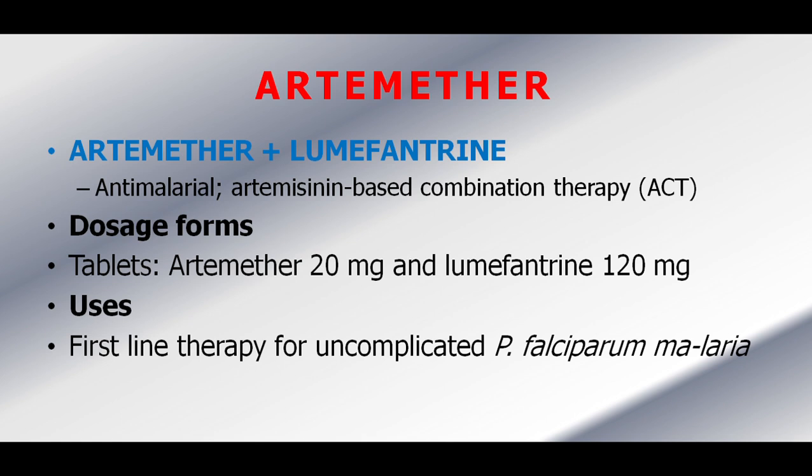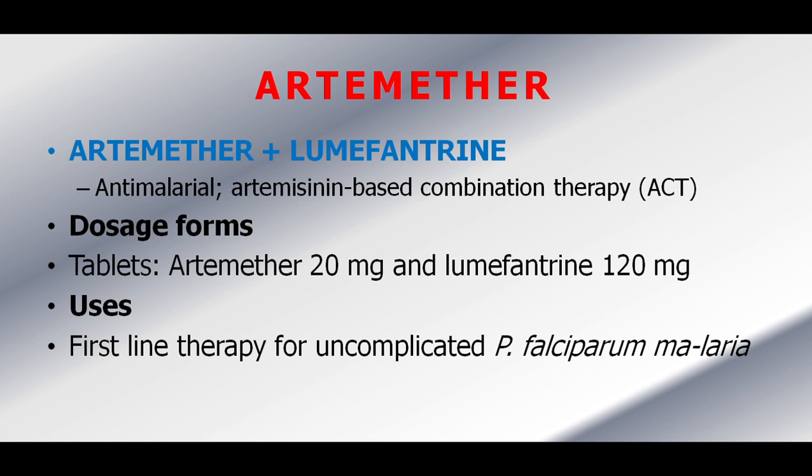So there is a form of artemether where it is combined with lumefantrine. Now, this is known as artemisinin based combination therapy or ACT. Now, this combination artemether and lumefantrine is commonly known as Coartem.